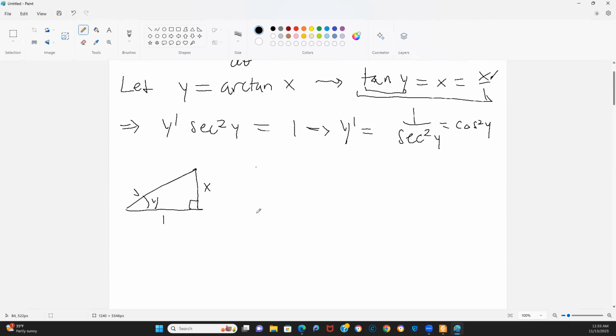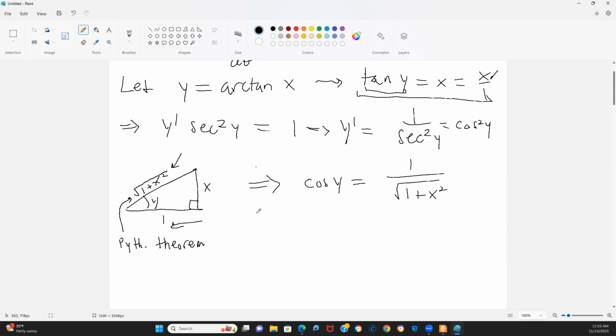By the Pythagorean theorem, the hypotenuse is the square root of 1 plus x squared. So this implies that cosine of y is adjacent over hypotenuse, so 1 over the square root of 1 plus x squared.